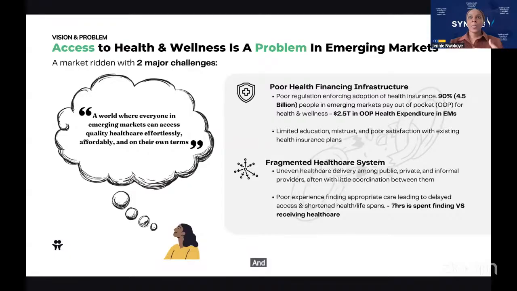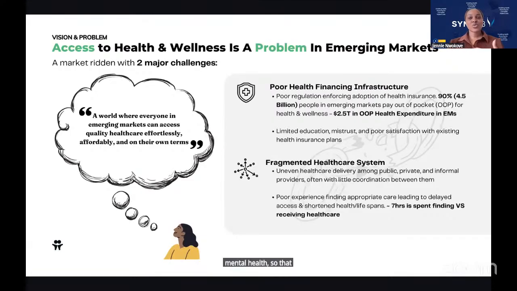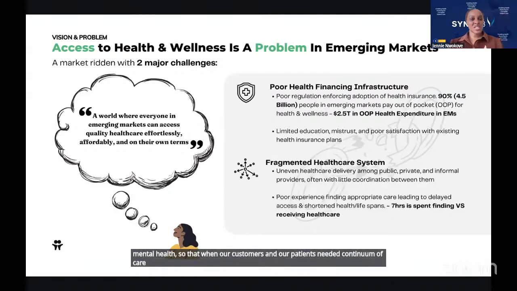And although our customers really liked the services that we provided, they kind of forced us to evolve. So we had to aggregate partners such as pharmacies, diagnostic partners, hospitals, mental health, so that when our customers and our patients needed continuum of care, they knew exactly where to go because we were going to refer them.